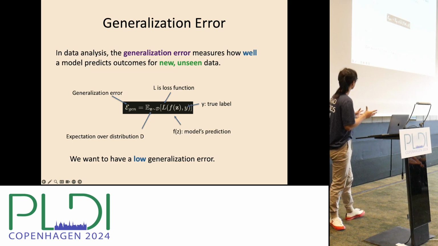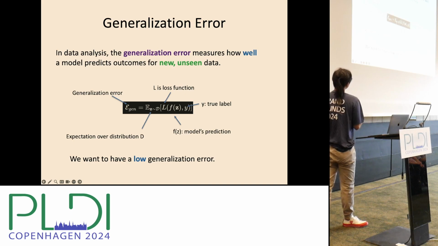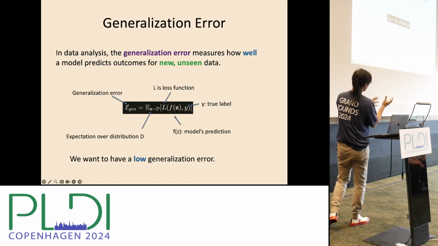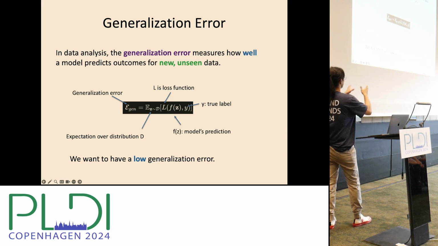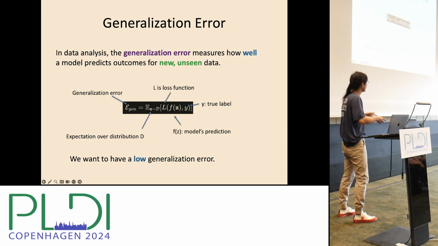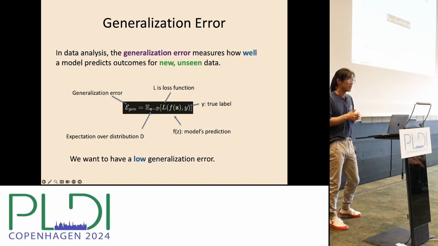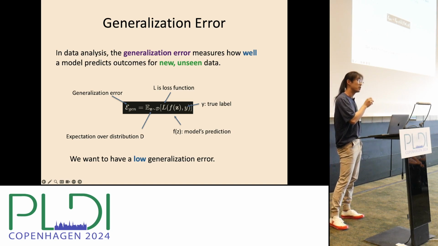Generalization error can be formally expressed as the expected value, over the distribution of the population, of the distance between the model's prediction and the true label via a loss function. Normally, we want to have a low generalization error.